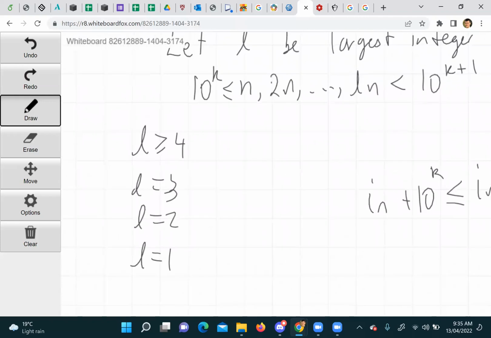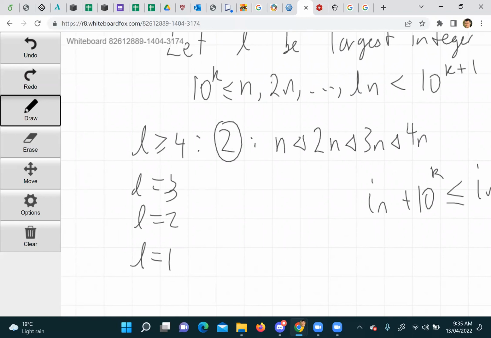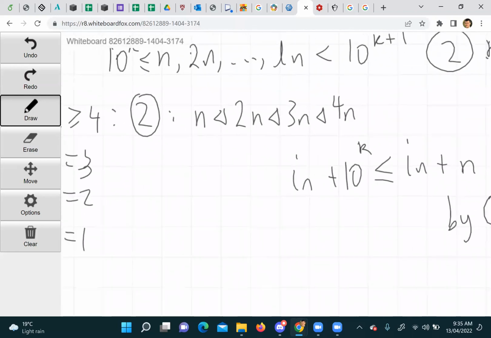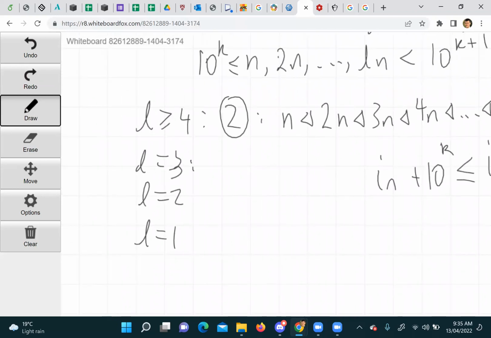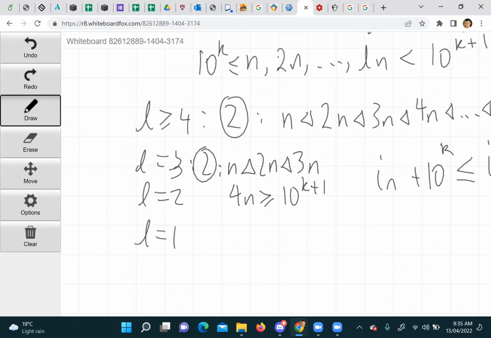Okay, so then for L greater than or equal to 4, we have from 2 that n is less than 2n, is less than 3n, less than 4n. L is equal to 3, we have from 2 that n is less than 2n, less than 3n, and we have that 4n is greater than or equal to 10 to the k plus 1, right?